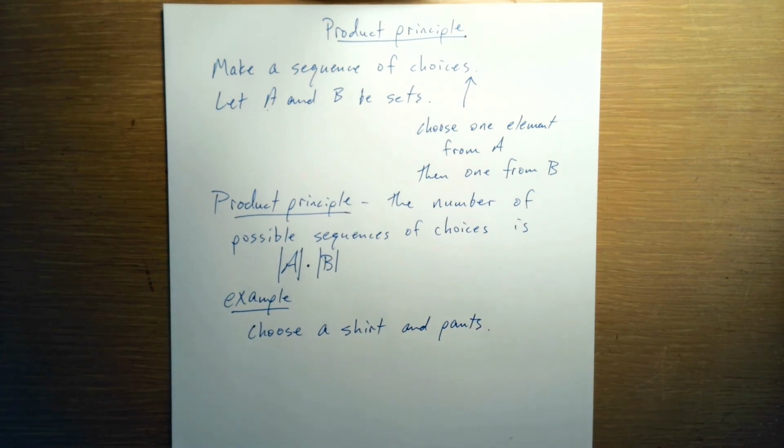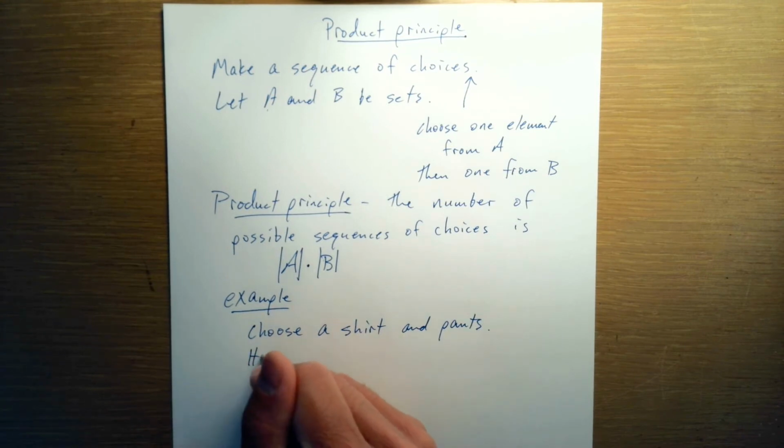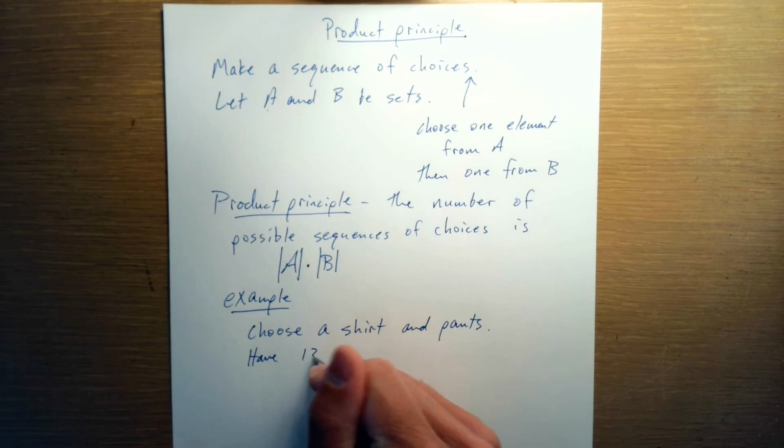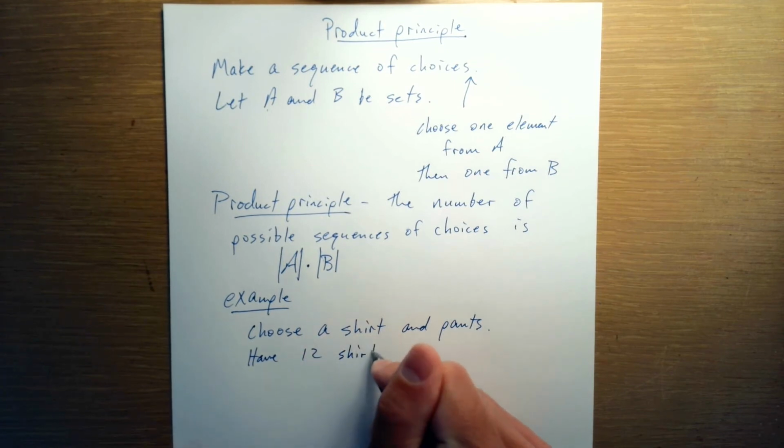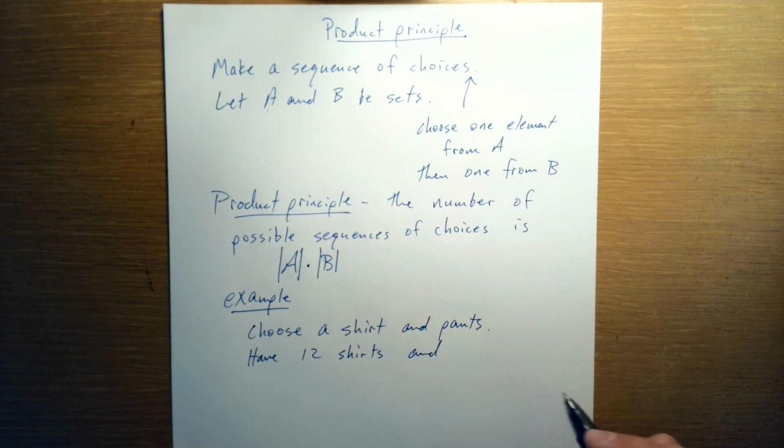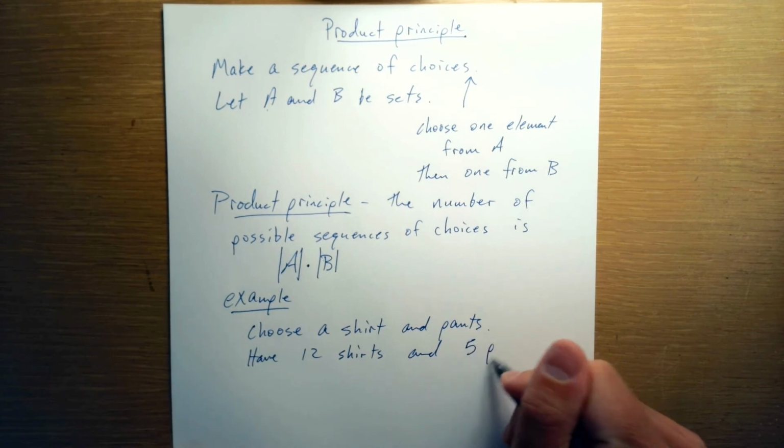And unlike the footwear, we don't want to choose either a shirt or pants and not both. We should probably choose both. So we're going to construct an outfit, and an outfit is a sequence of two choices, one shirt and one pants. So we have 12 shirts, and we have 5 pairs of pants.